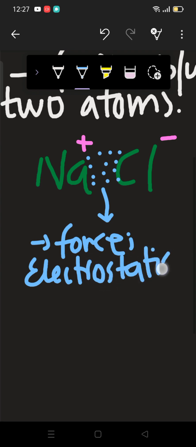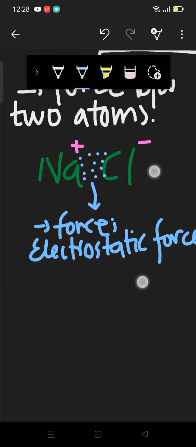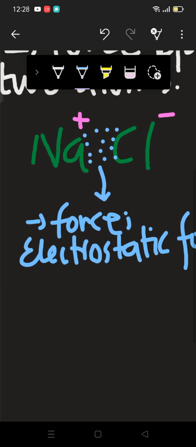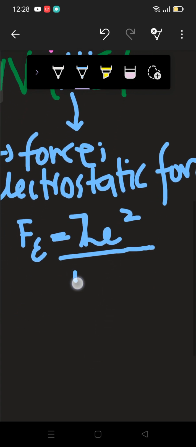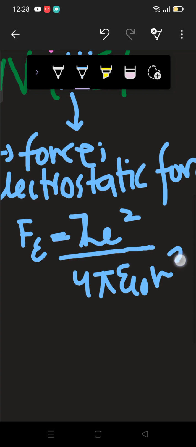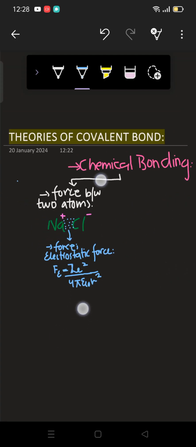Electrostatic force, which we have covered in very detail in the atomic structure as well, right? Which is equal to what? F_E is equal to K Q1 Q2 over R square, or you can write Z E square upon 4 pi epsilon naught R square.